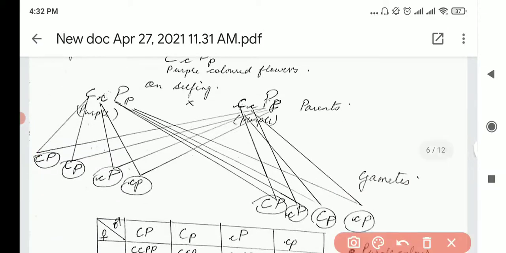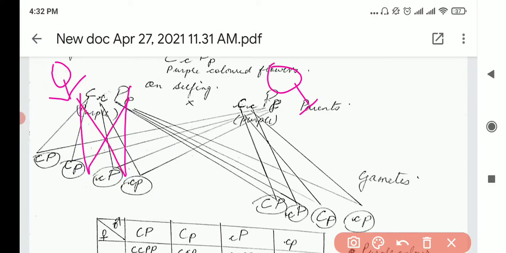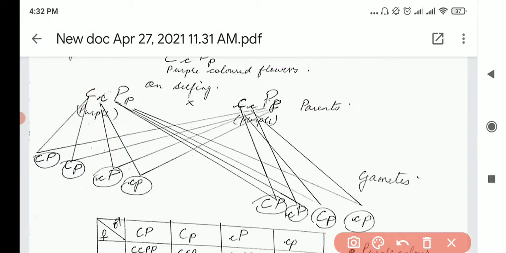Now see here, remember, you can only make gametes from a male with a female. Don't do it like this. So many YouTube videos are doing it like this. Can the father with the father by itself make a gamete? That makes no sense.